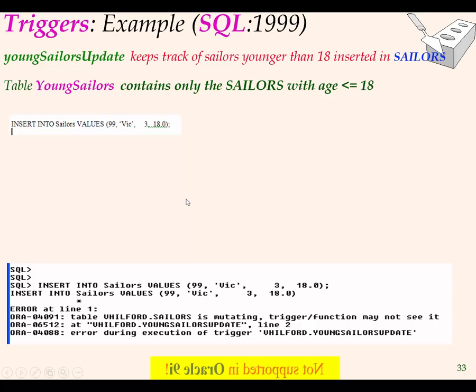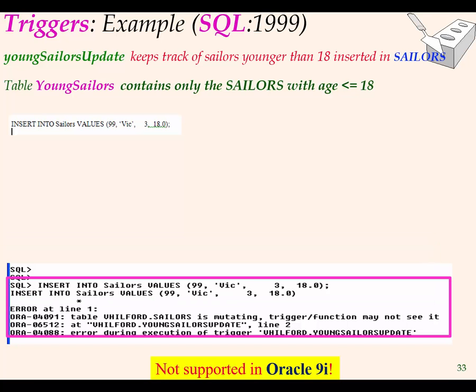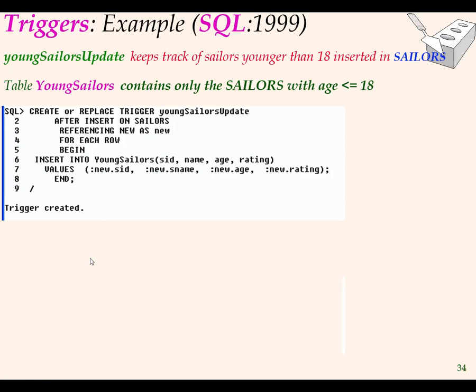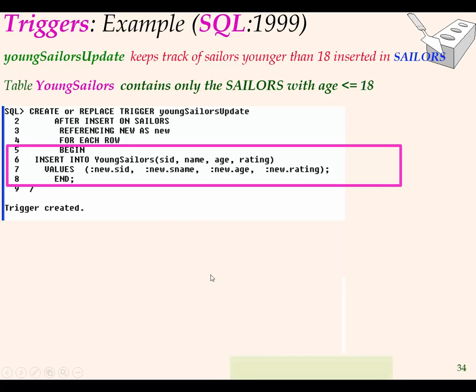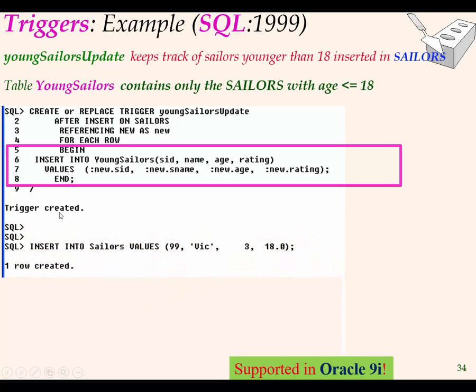The only problem is I need to use the new and old to actually read and write the variable at the same time. So while I'm reading from Sailors, I want to write to Young Sailors, so I use the syntax new.SID, new, so that is the value that comes from the Sailors table. So let's redo this, and let's run it.